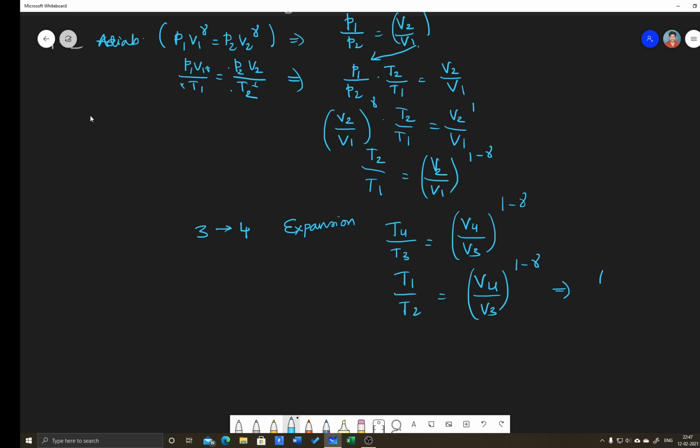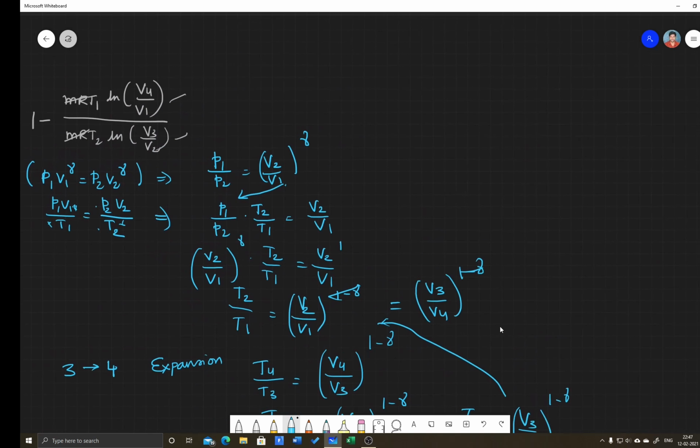If you reverse this, it becomes T2 by T1 is equal to V3 by V4 whole power 1 minus gamma. Substitute this here. If we equate this, it becomes V3 by V4 whole power 1 minus gamma. These two can be cancelled out.